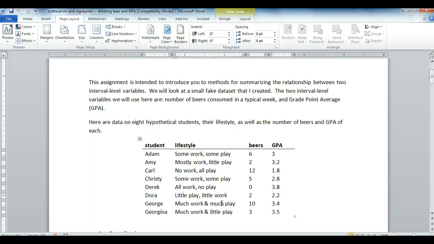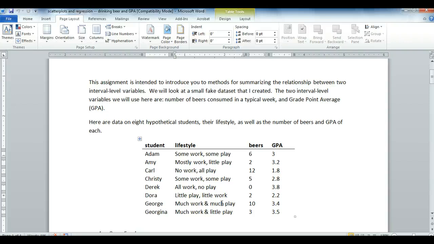And if we go back and just think about what is an association between variables, well, when you have 2 variables, beers and GPA, those variables are associated if one tends to go along with the other. So for example, in this case, beers probably tend to go along with GPA in that as beers go up, GPA tends to go down.